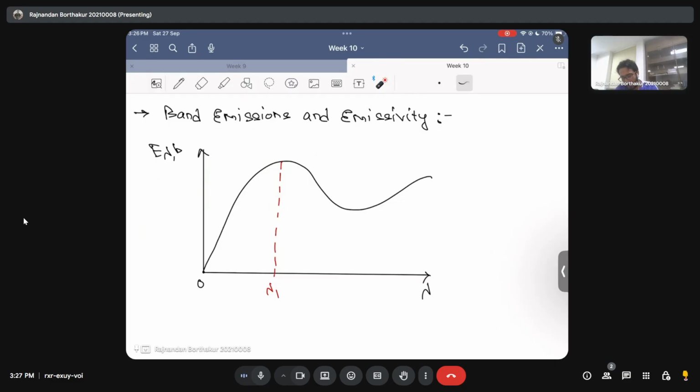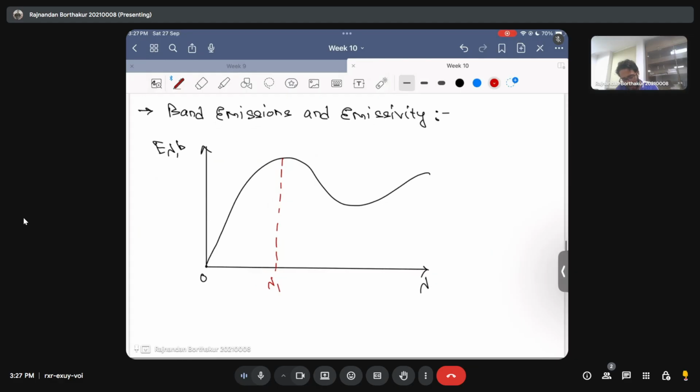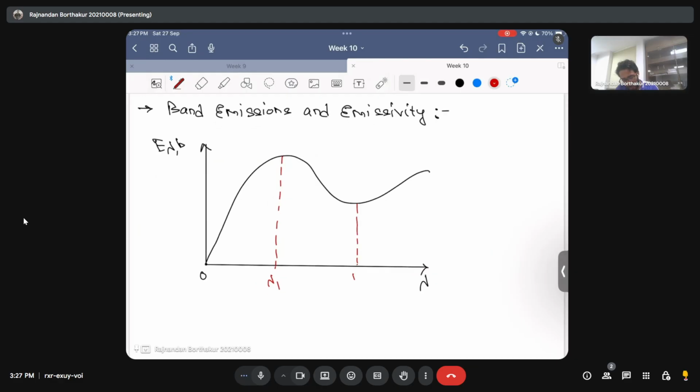Let's say I'm looking at a different wavelength, lambda 2, and if you ask me the emissive power, this is what it would be. You can also consider the intensity of radiation, that's the same thing, but what I want to emphasize is that these properties are indeed a function of wavelength.